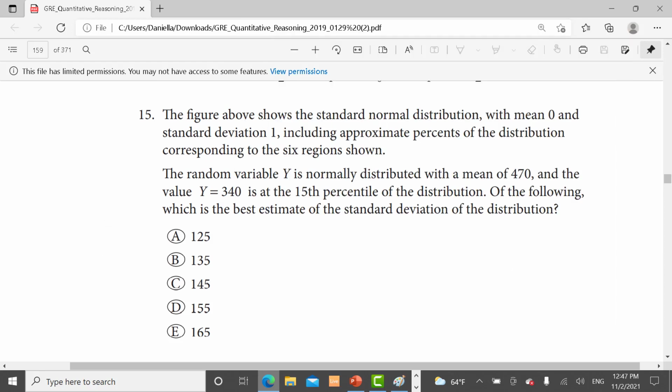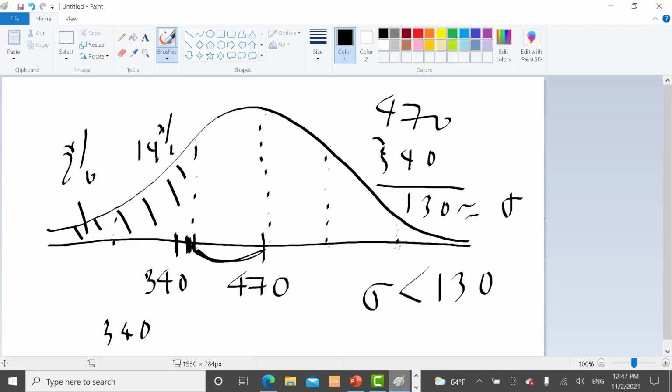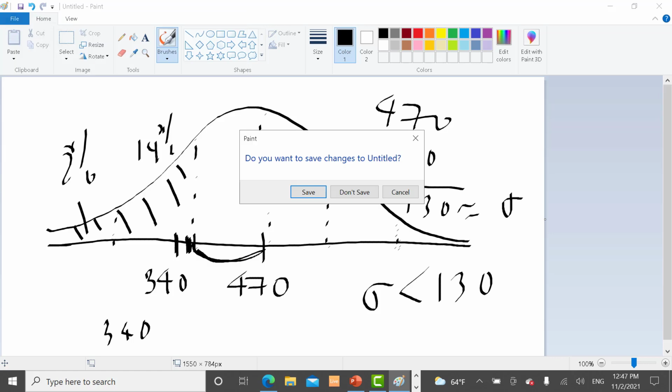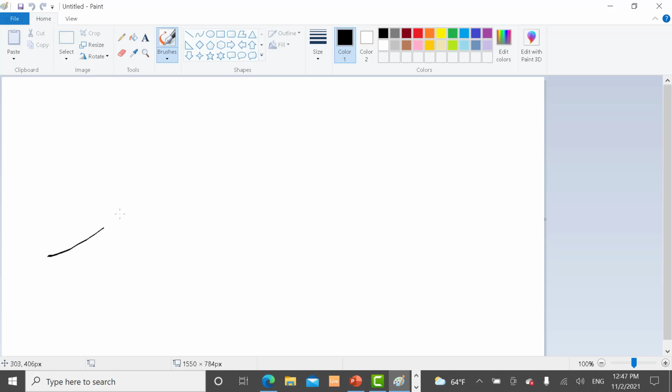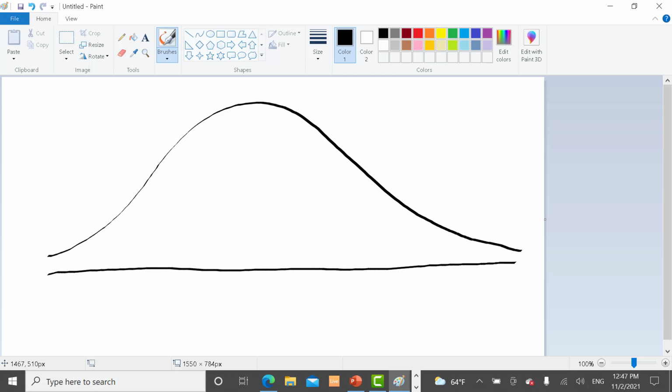I repeat, if you're still lost, I'm going to redo it one more time. Okay, first I draw a bell shape. This is the normal distribution, but it's not a standard normal distribution because the mean is 470 instead of 0.